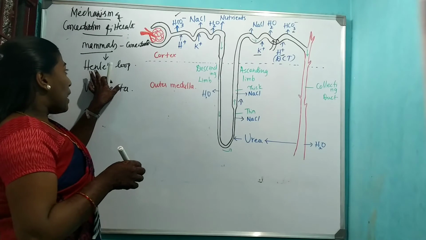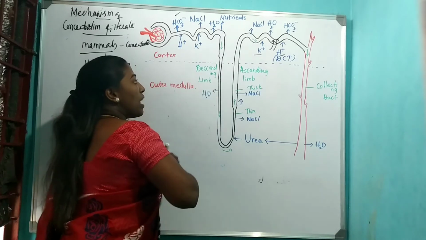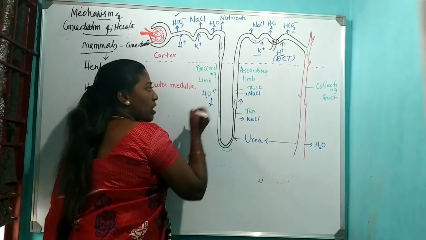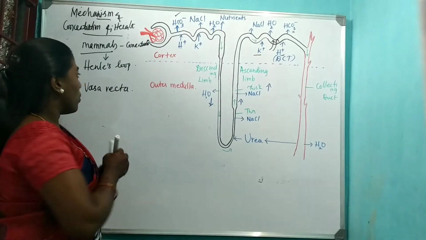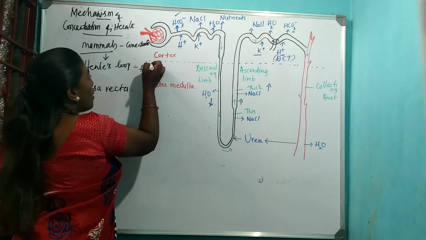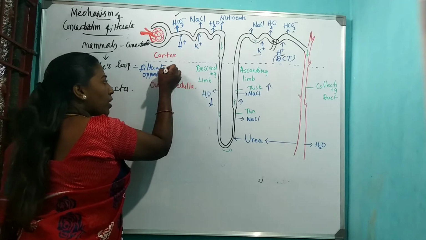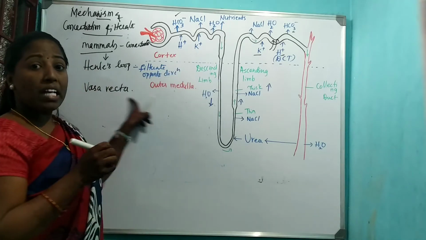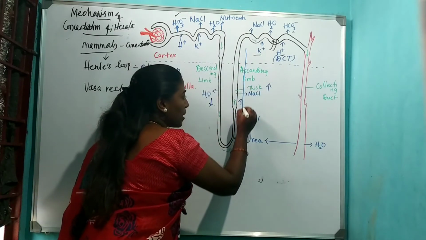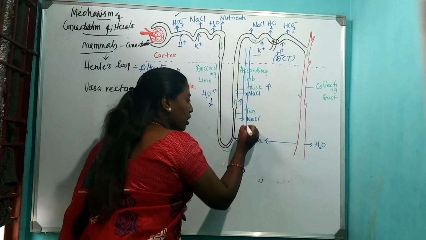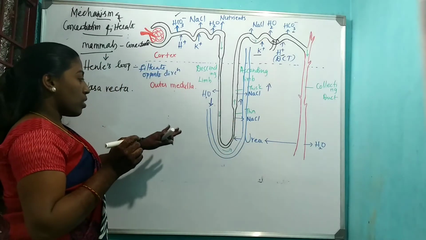The fluid inside Henle's loop moves downwards in the descending limb and upward in the ascending limb, so they run in opposite directions. In Henle's loop, the filtrate runs in opposite directions. Next, the vasa recta is a peritubular capillary running parallel to Henle's loop.